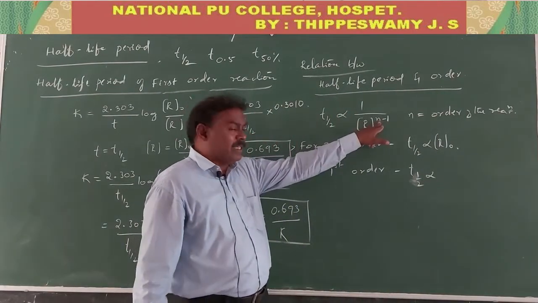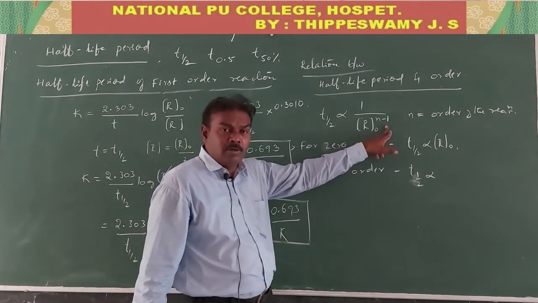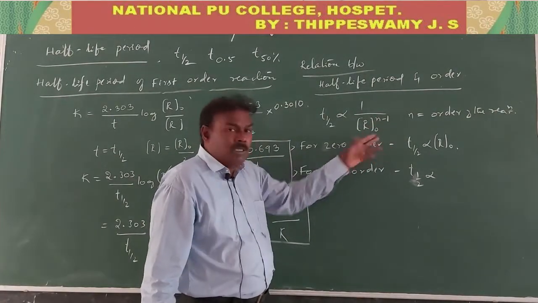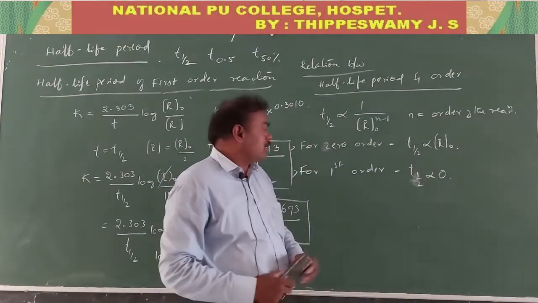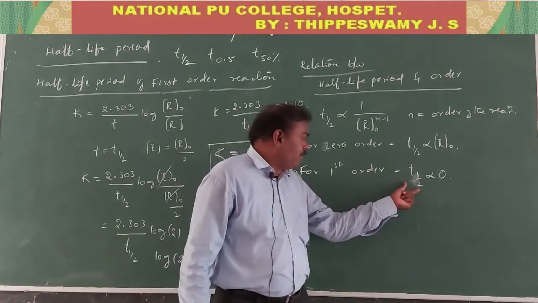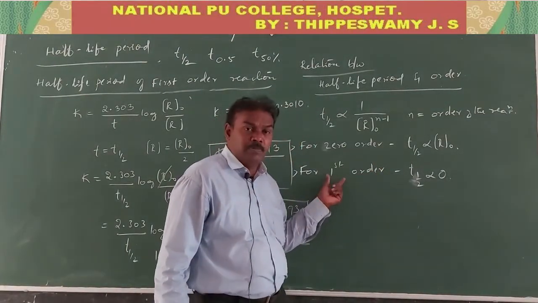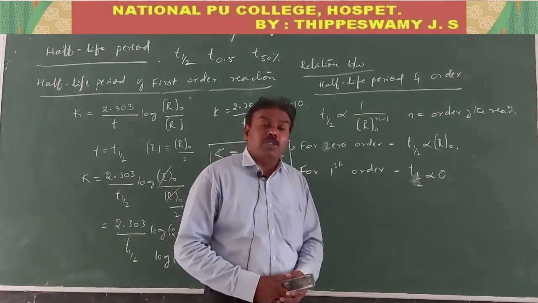What is the value of n? For first order, the value of n is 1. 1 minus 1 is 0, and anything to the power 0 is 1. So T half is proportional to R naught to the power 0. What is the meaning of this relation? The half-life period of a first order reaction is independent of the initial concentration of the reactant.